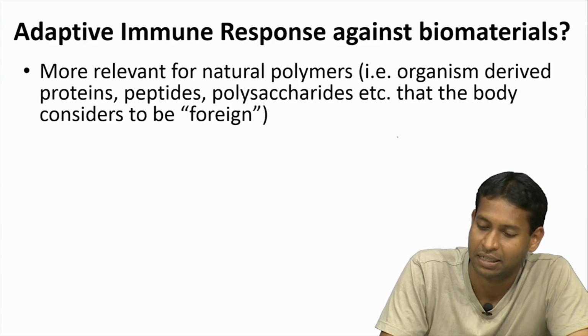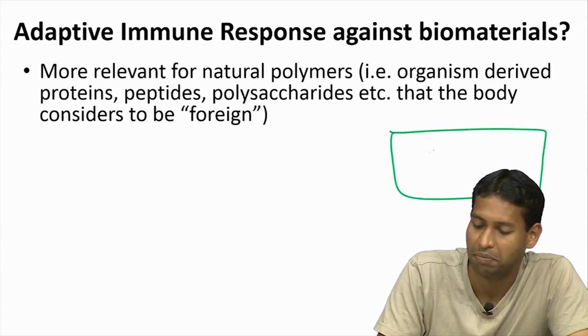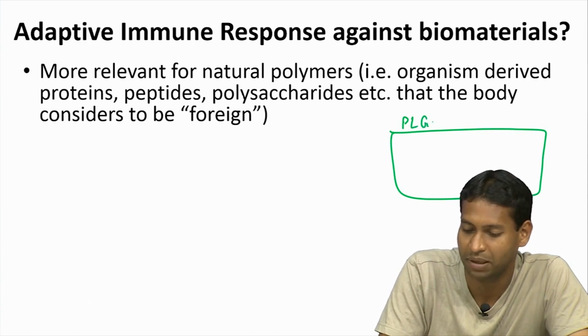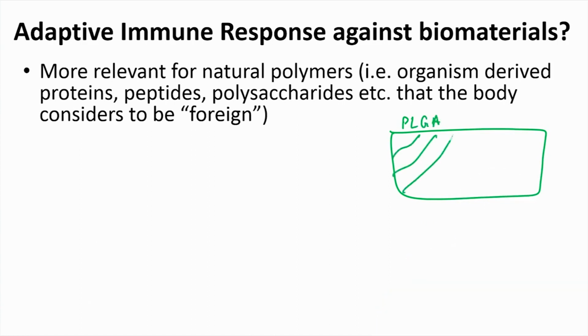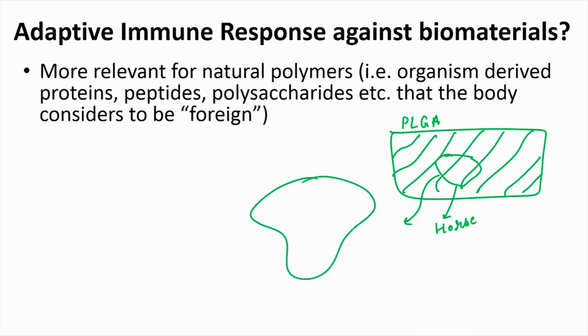So, let us say I have this implant, PLG again for example, and maybe I am delivering an enzyme to treat a certain disease, which is derived from, let us say, horse. Now, this is a protein that the body has never seen. So, when this protein gets released, the dendritic cell will take up this protein and then it goes to the same pathway as I was saying.